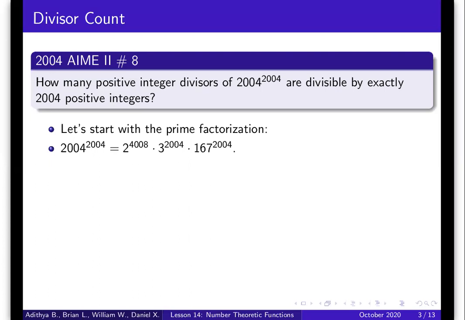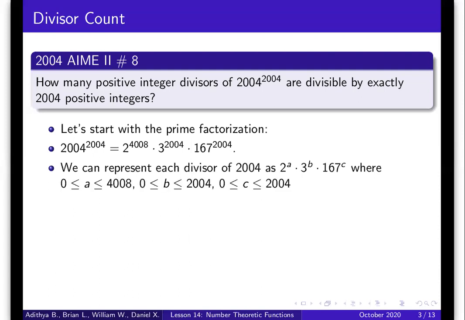Well, yes, we essentially prime factorize 2004 here. We just have another power of 2004 in the exponent. So if we take an arbitrary divisor of this large number, then it has to be the product of 2, 3, and 167.